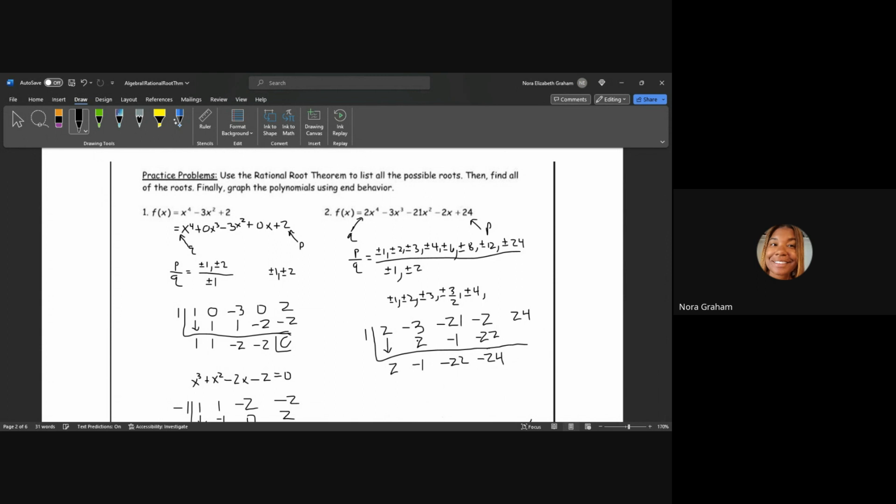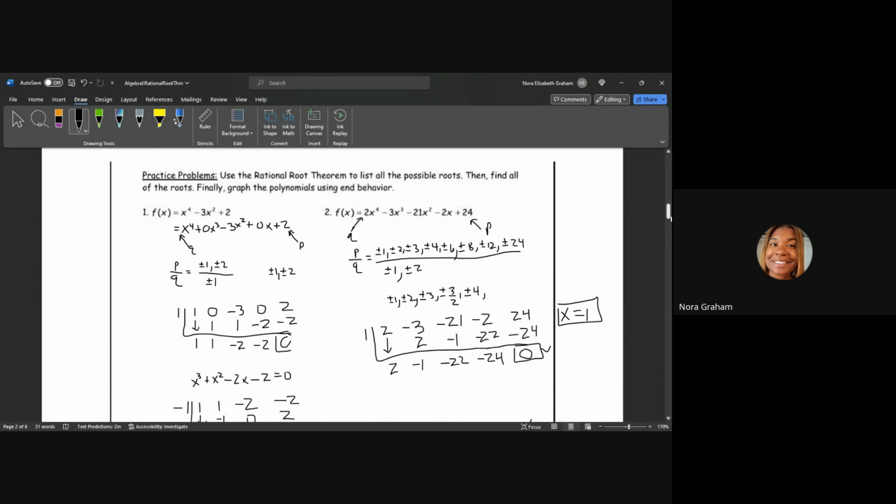Negative 24 times 1 will give me negative 24. Positive 24 plus negative 24 is going to give me 0. So that checks out. I get a 0 at the end. That means one of my actual roots is going to be x equals 1.